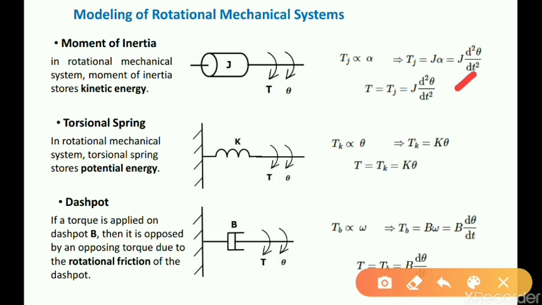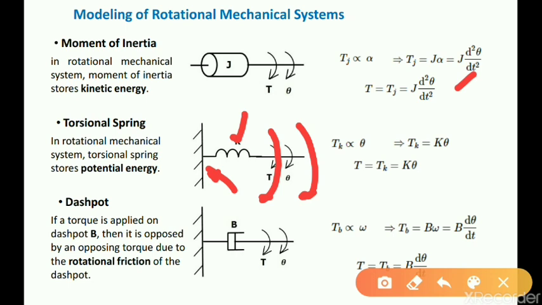Another element is torsional spring. Torsional spring stores potential energy similar to the translational spring. It also stores the potential energy, but in the form of angular displacement. So a spring, one end is rigid to the wall, and we are applying torque, and there is an angular displacement, that is theta.